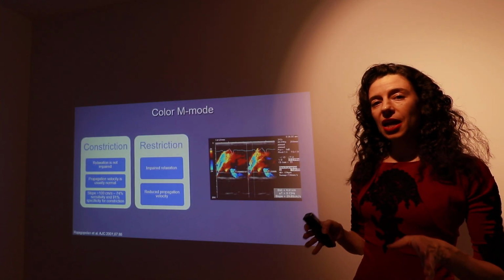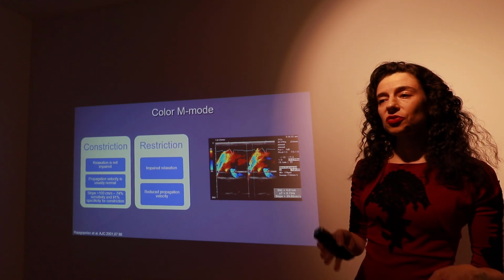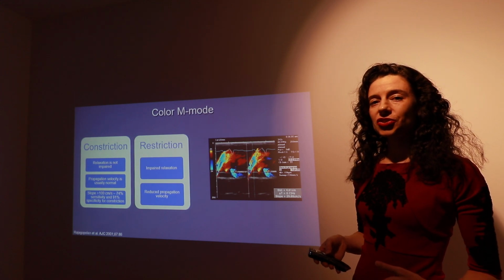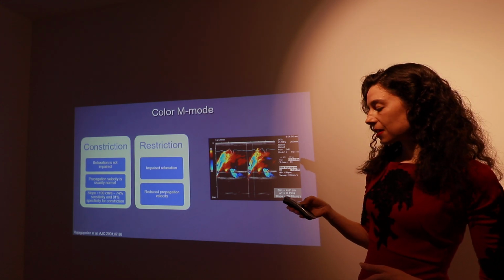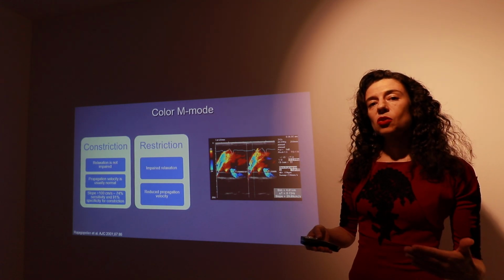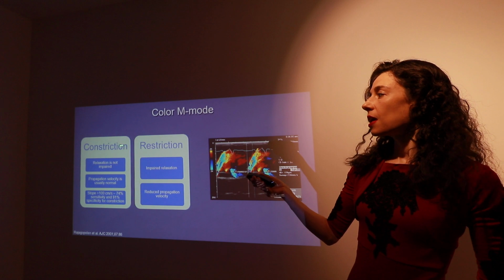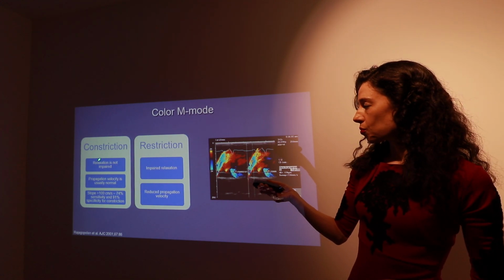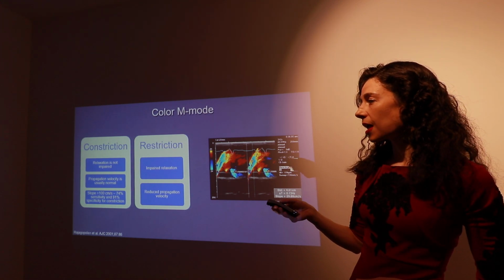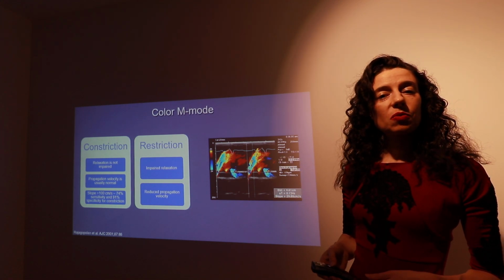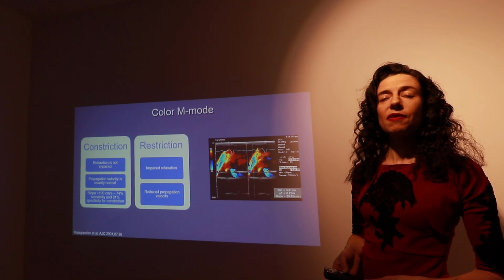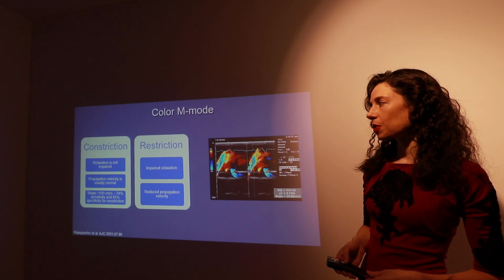Another very useful sign that could distinguish constriction from restriction is the color M mode and the M mode propagation velocity. As I have said, constriction is a disease of the pericardium, so the early diastolic function is not impaired, and the relaxation here is not impaired. So we have the propagation velocity, which is usually normal, and values more than 100 centimeters per second are very specific for constriction.